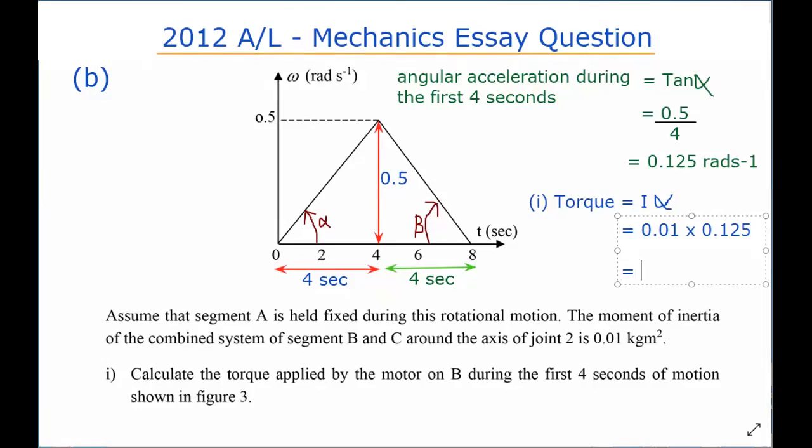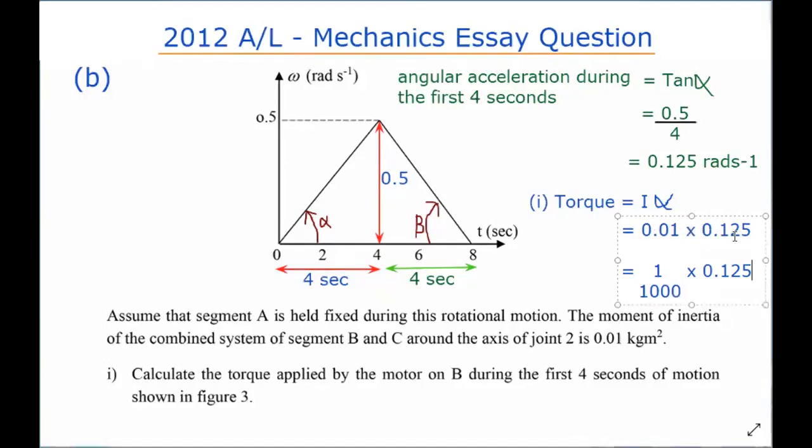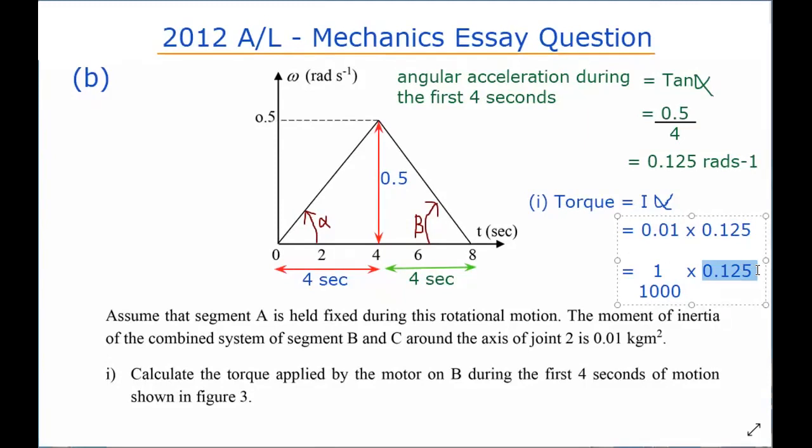The easiest method to simplify this is that 0.01 can be written as 1 over 1000, right, into 0.125. So the multiplication 0.01 into 0.125 means actually 0.125 divided by 1000. So what is the answer here?